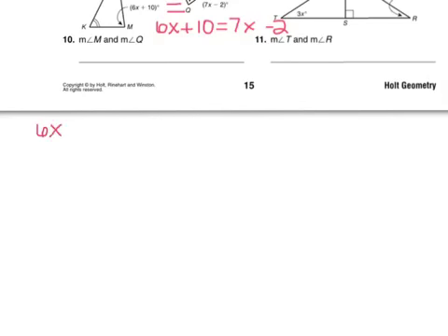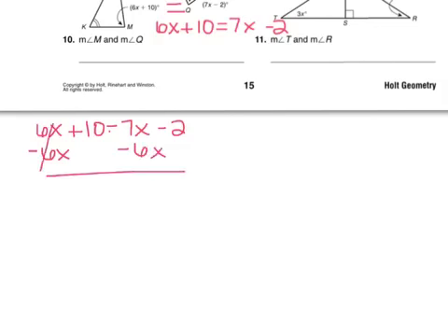So 6x plus 10 equals 7x minus 2. Let's subtract the 6x from each side. Make sure you're writing down all of this equation solving stuff too, because some of us are not great equation solvers. So 7x minus 6x would be 1x minus 2.